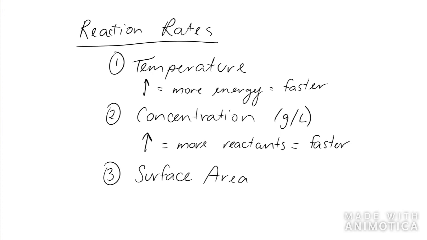Surface area is how much is exposed. So in Science 9, we did the reaction with sodium and water. Sodium, when we do it the first time, it gives us a little bit of a reaction because only one side has not been oxidized by oxygen. So once you've cut it a second time, you've doubled the surface area.